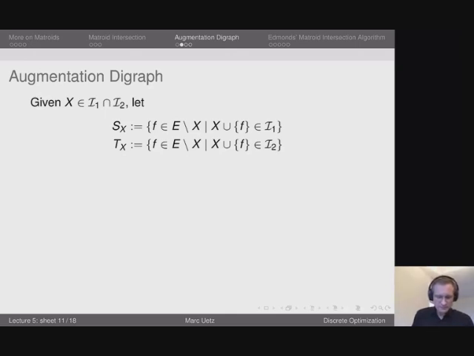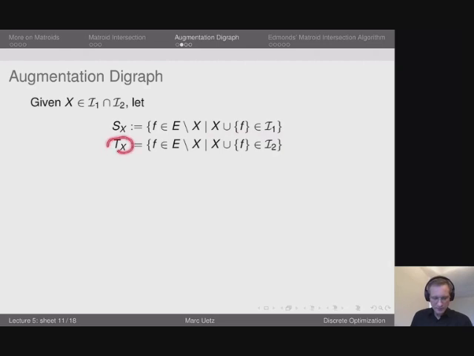So we have some independent set in both independent systems, and we define Sx and Tx as subsets of the elements in the following way. Sx would be the elements that I do not yet have, which can be feasibly added with respect to the first matroid.